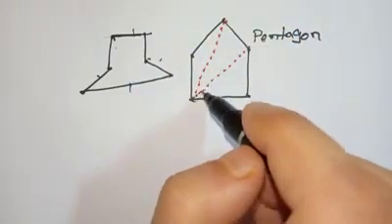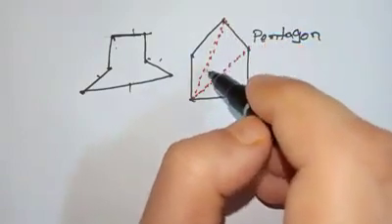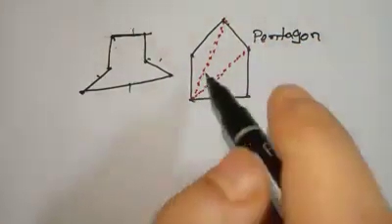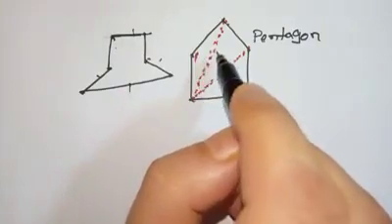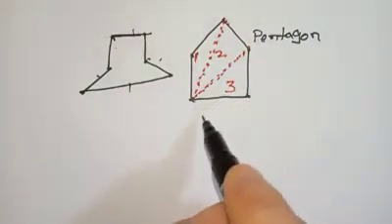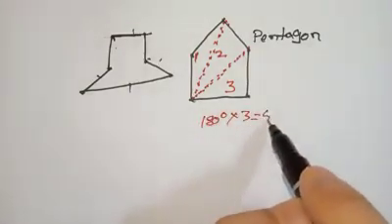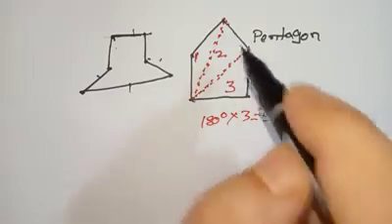Mind it is not a straight line because of my horrible drawing, but anyway it seems to be quite okay. So how many triangles have I got? 1, 2 and 3, right? And what is the summation? It would be 180 multiplied by 3 equals 540 degrees, which is the sum of the interior angles of a pentagon.